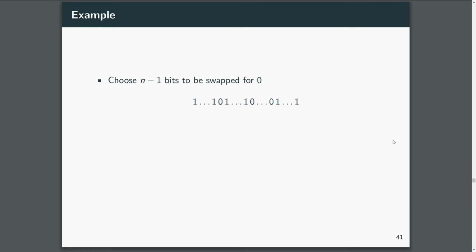Now let's select some n minus 1 bits, which we swap into 0. Then we have a string of 1s, and then a 0, and another string of 1s, and a 0. And the string of 1s could possibly be empty.